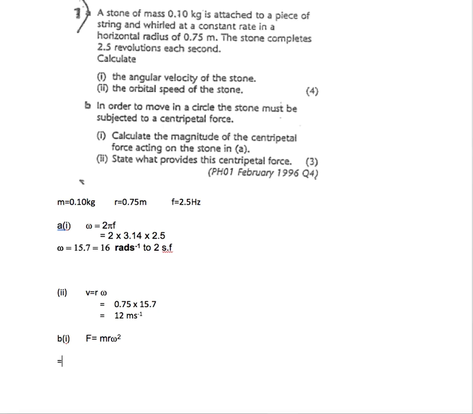So F equals the mass, which we said was 0.10, times the radius, which was 0.75, times omega, which we said was 15.7.